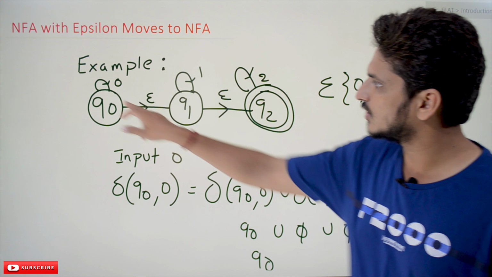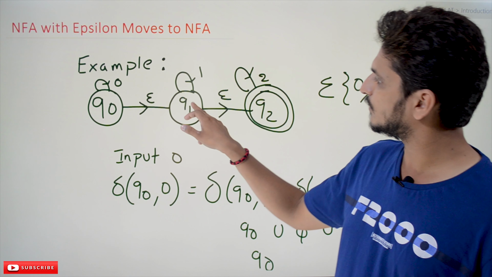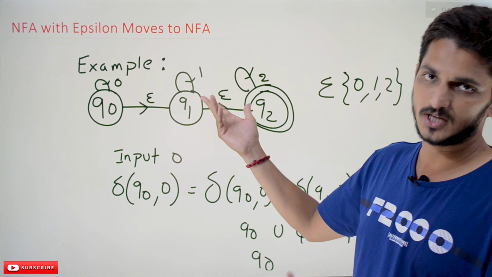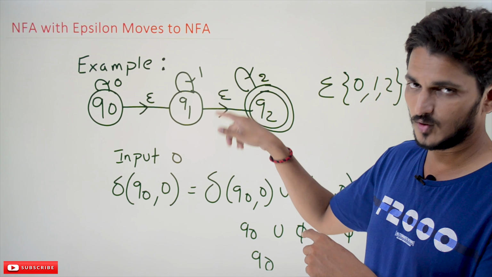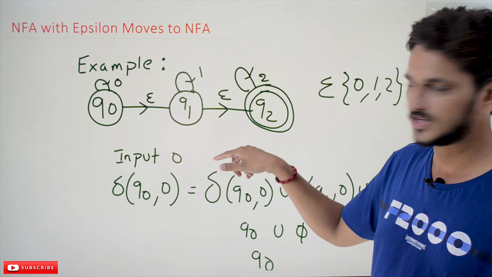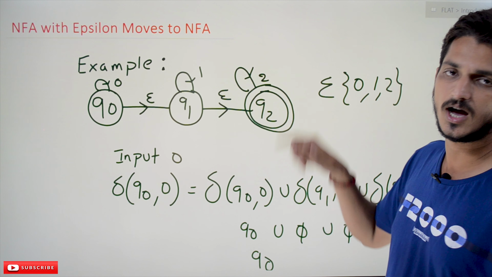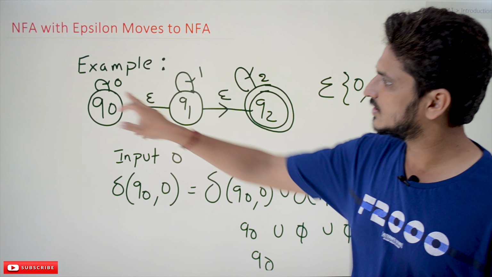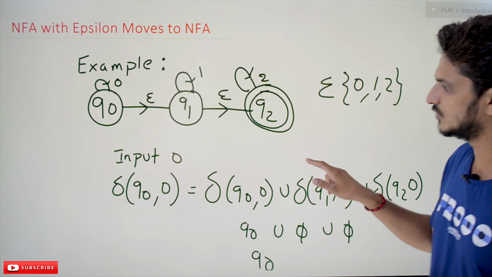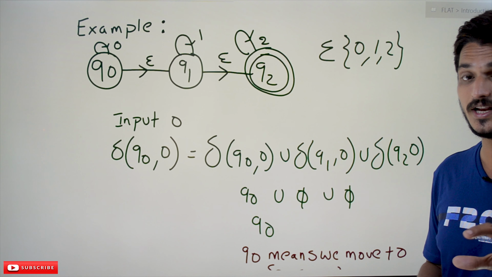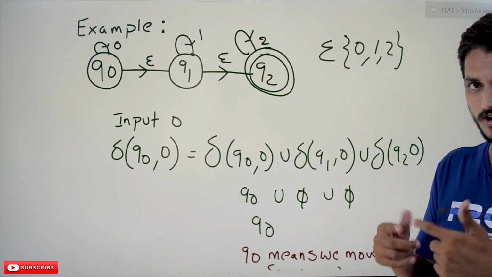If you apply 0 on Q0, we go to Q0. If you apply 0 on Q1, nothing is there, so phi, we are not going to any state. If you apply 0 on Q2, again phi. So the answer is Q0.